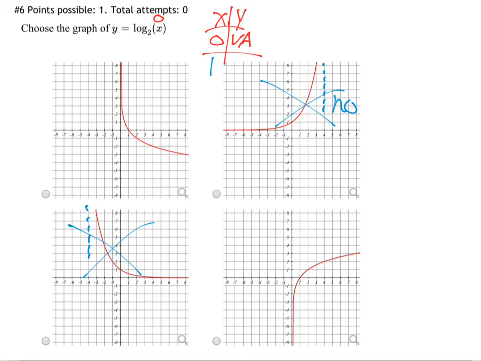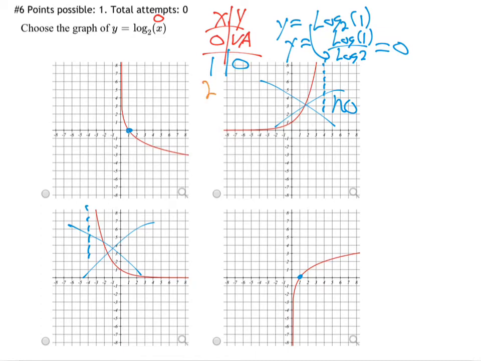Now let's plug in 1. Y equals log base 2 of 1. Remember, the base goes to the bottom, the other one on the top. That'll be 0 over 1 up 0. So over 1 up 0, over 1 up 0. They both have that point. Now let's go to 2, because we want to make the inside match the base.